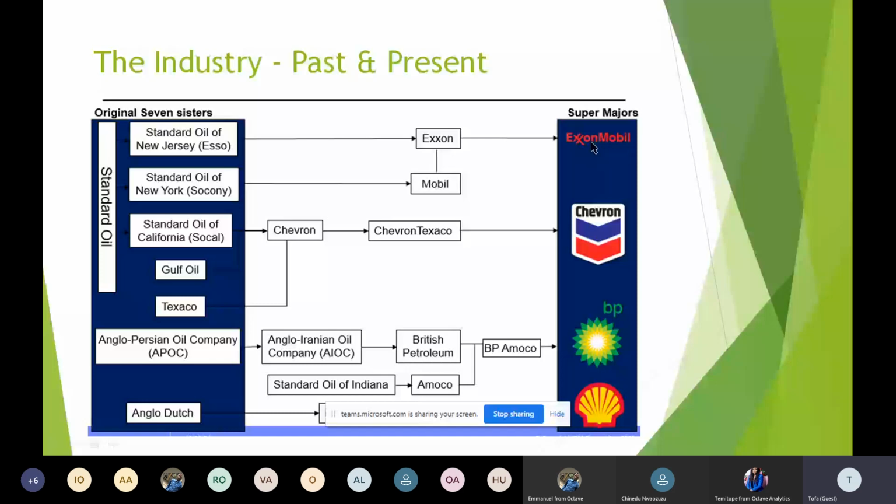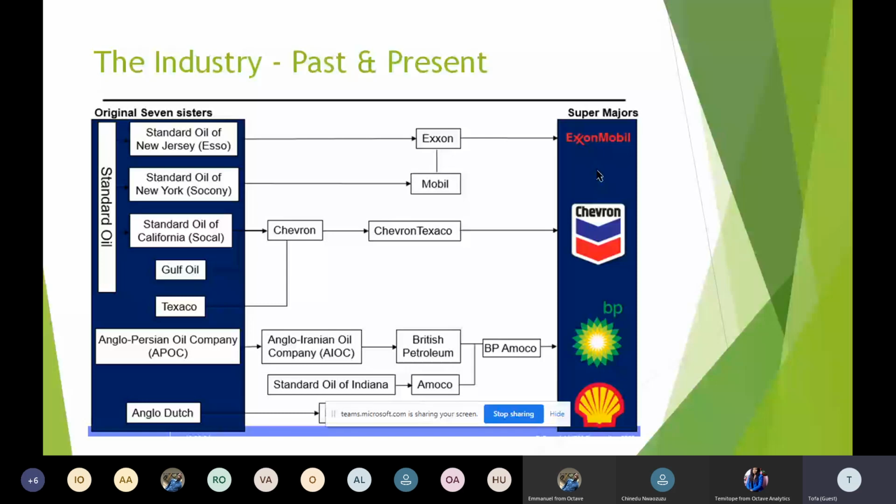Then away from the US, we have the Anglo-Persian company, which is the British now partnering with the Iranians into what became BP today.